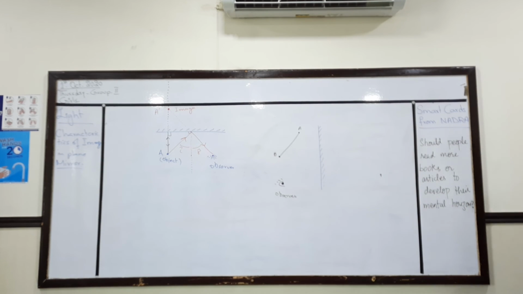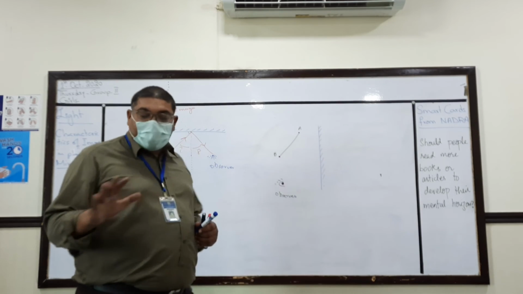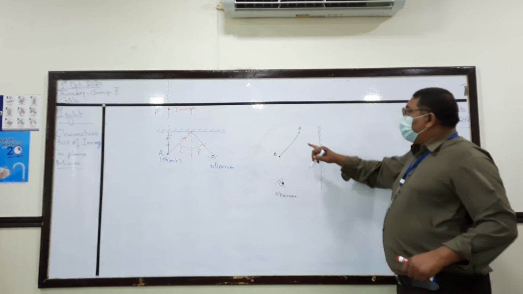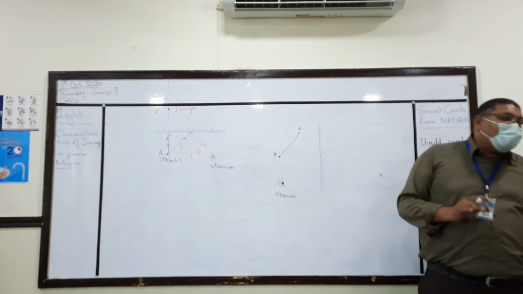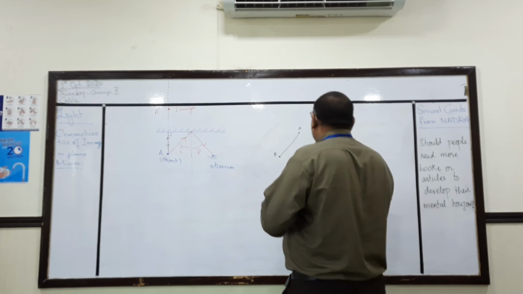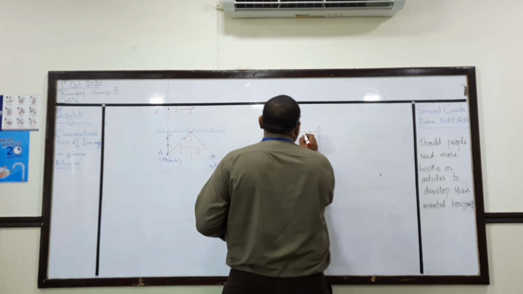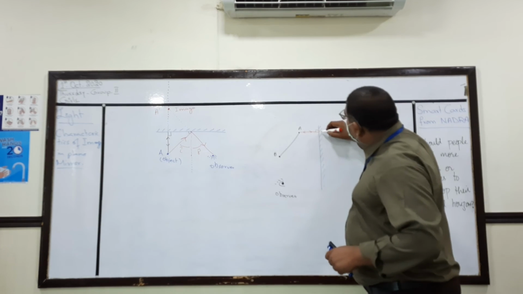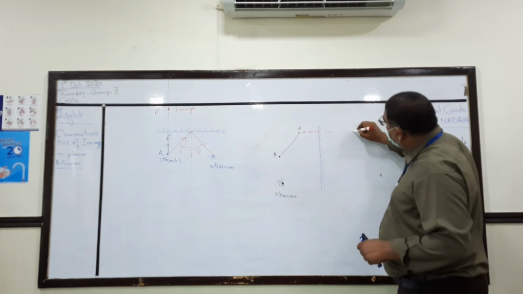Now I am telling you a different technique, so try to understand. Join A with the mirror with a line which makes a 90-degree angle with the mirror, so the light comes and goes back. Then prolong that line behind the mirror with a dotted line.